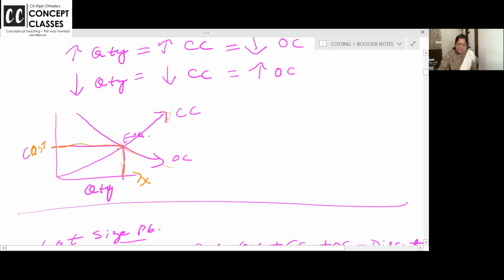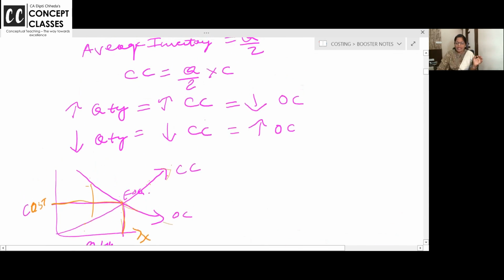If you purchase more quantity, carrying cost is high. If you purchase less quantity, your ordering cost is high. So economic order quantity is where your ordering and carrying cost are the same.